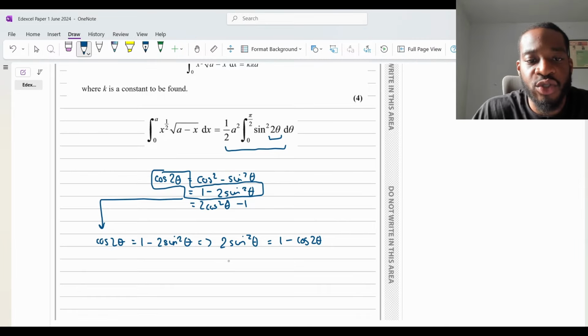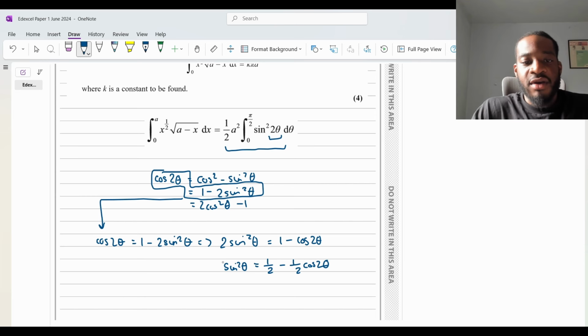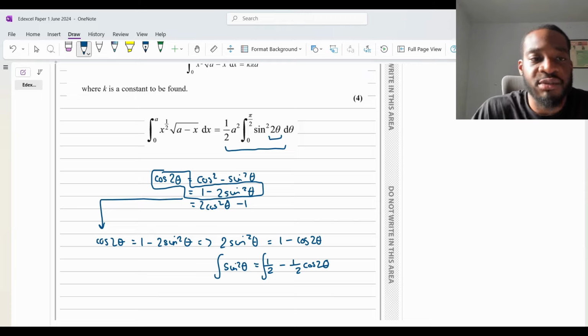Then if I divide by 2, sine squared theta is equal to 1 half minus 1 half cos 2 theta, isn't it? Now, if I must integrate that, that is easy, because the integral of cos is sine. So this is how we do it when we have these types of questions.